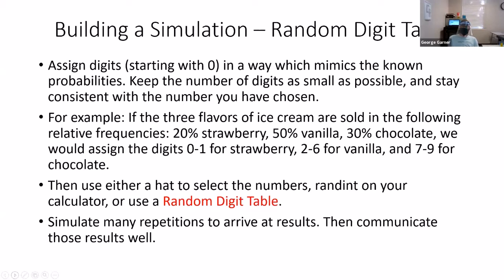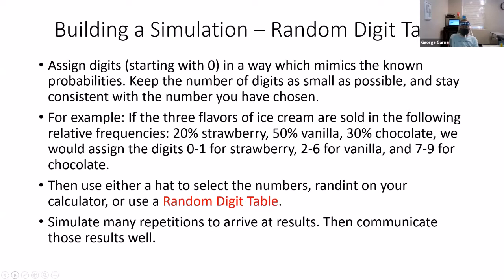That's 2 numbers out of 10, or 20%. 2 through 6 would be vanilla: 2, 3, 4, 5, 6, that's 5 numbers, so that's 50% of the 10 digits. And then 7, 8, and 9, that's 3 out of 10, 30% for chocolate. So we don't need double digits. It'll make what we're doing a lot easier if we can keep the number of digits to a minimum.